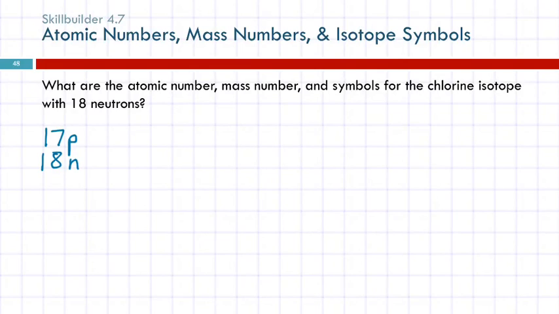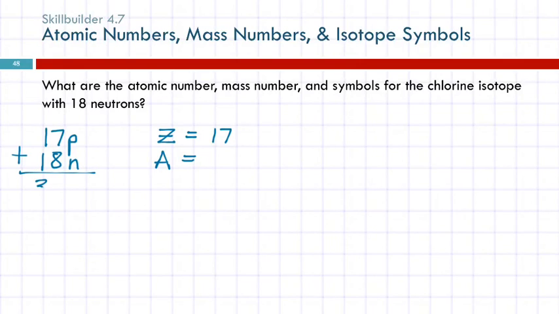So the atomic number has the symbol Z. What's the atomic number for chlorine? What defines it as an atom? It's the number of protons. So the atomic number is 17. The mass number is given the symbol A. The mass number is the sum of these two.